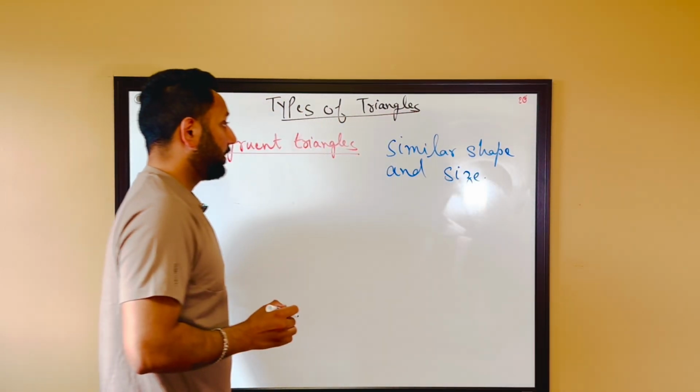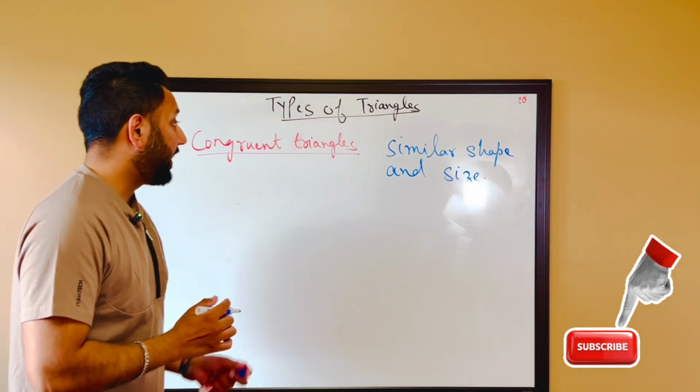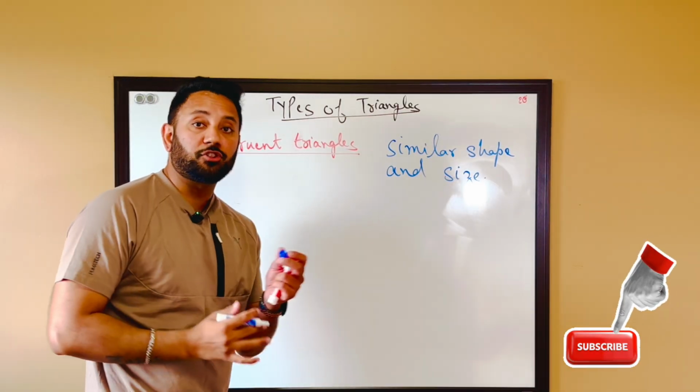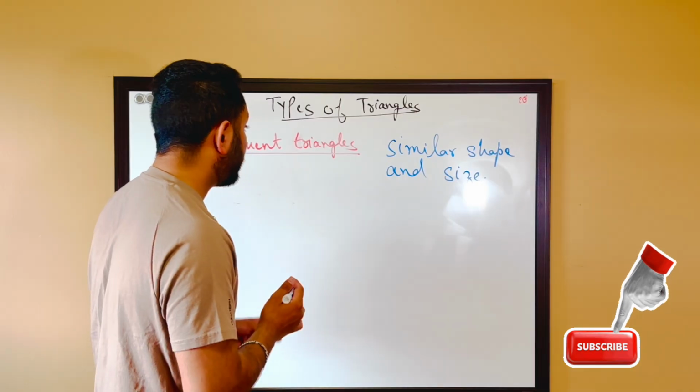That means their shape is similar and their corresponding angles and corresponding sides are also equal.